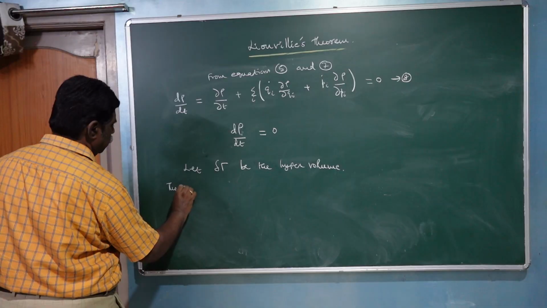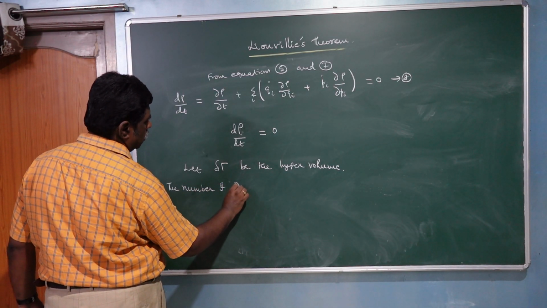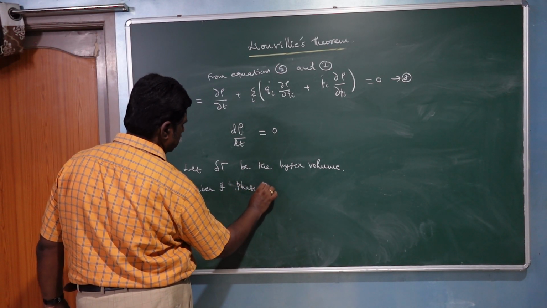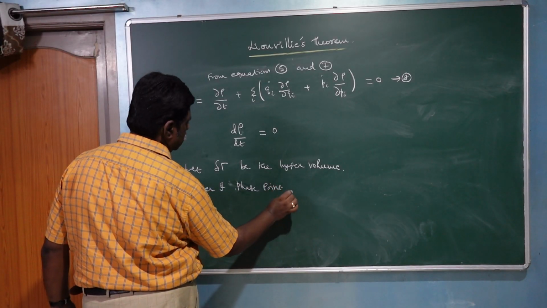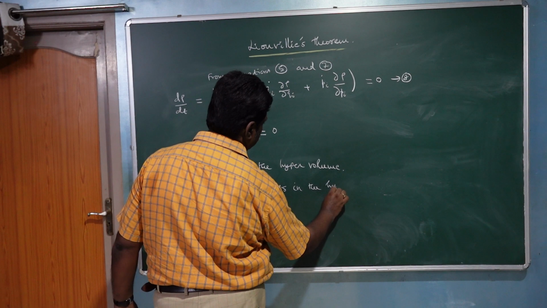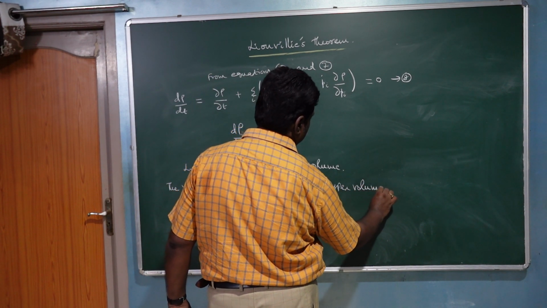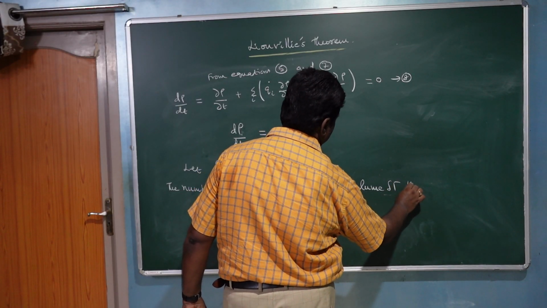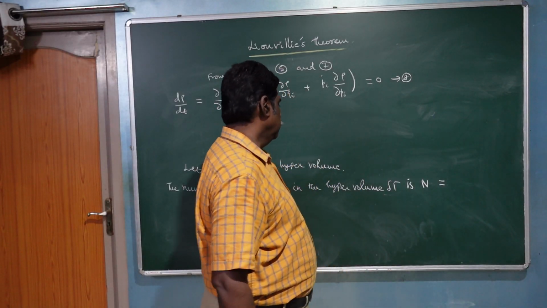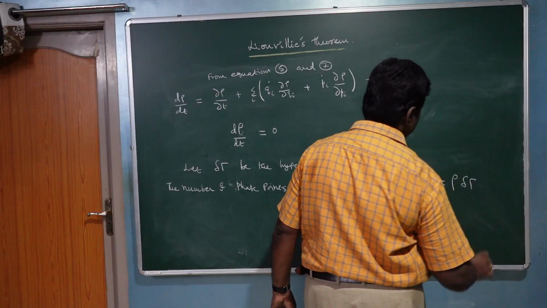The number of phase points in the hypervolume delta gamma is n, that is equal to rho into delta gamma.